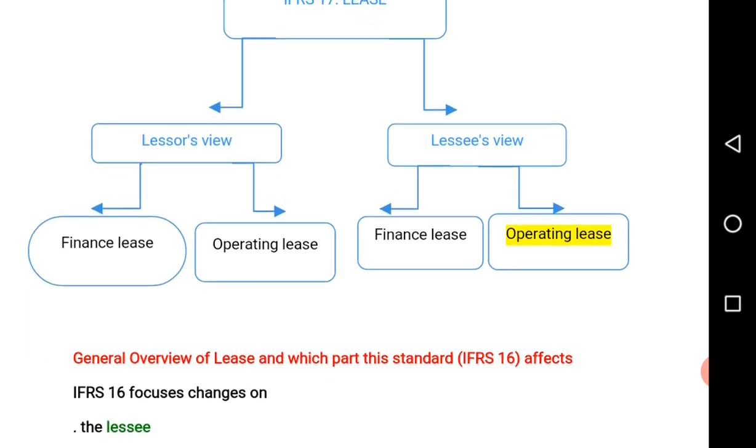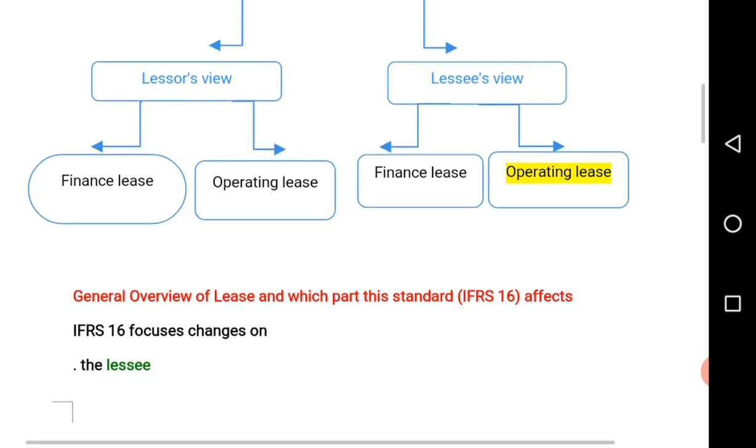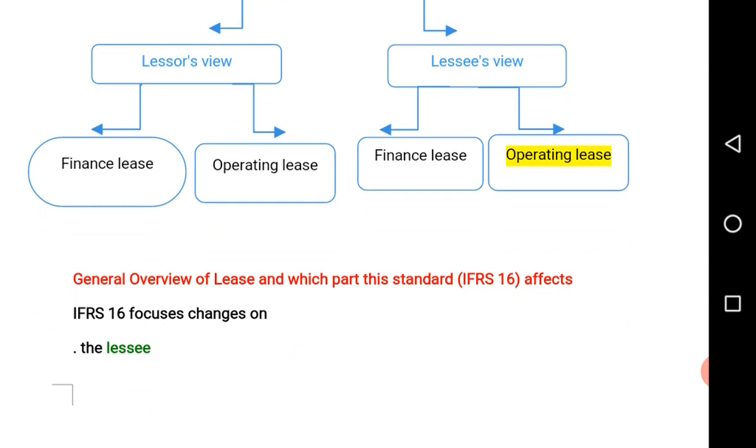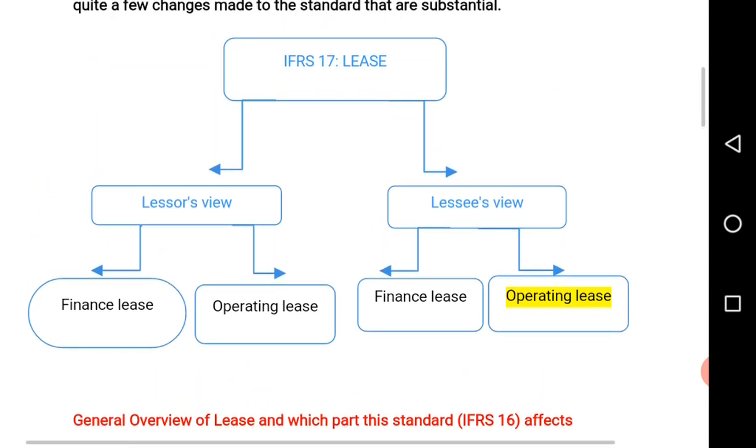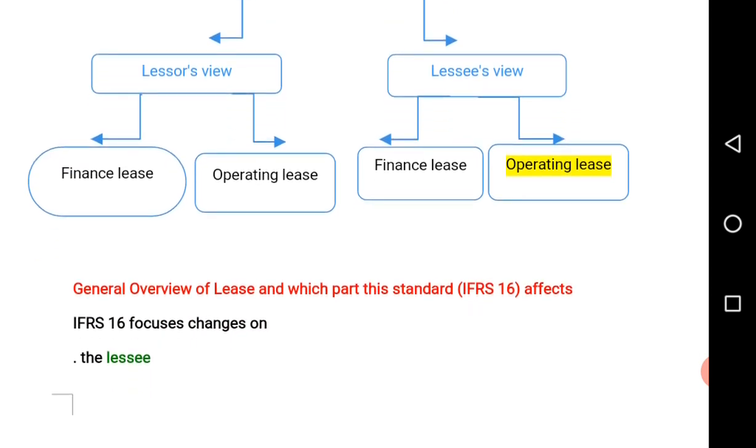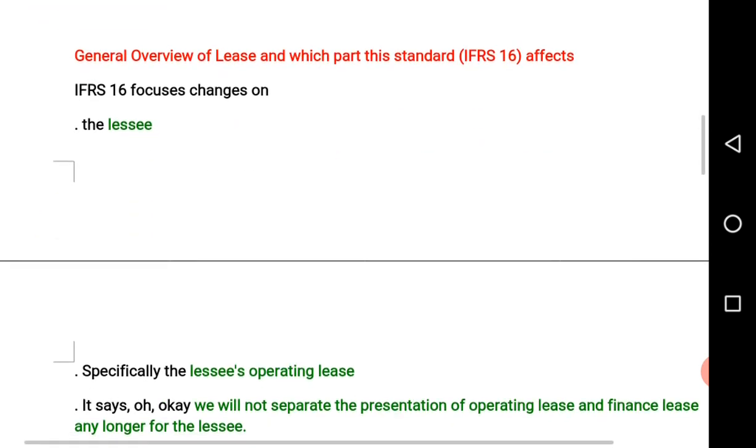We have the general overview of lease and which parts of this standard, that is IFRS 16, affects. So IFRS 16 focuses on the lessee, which is under the lessee in this diagram here, specifically the lessee's operating lease.